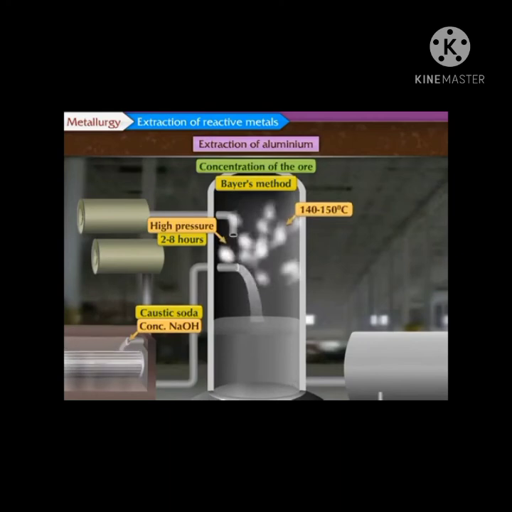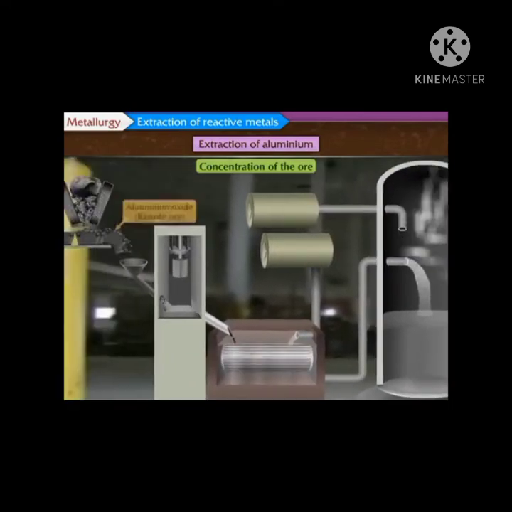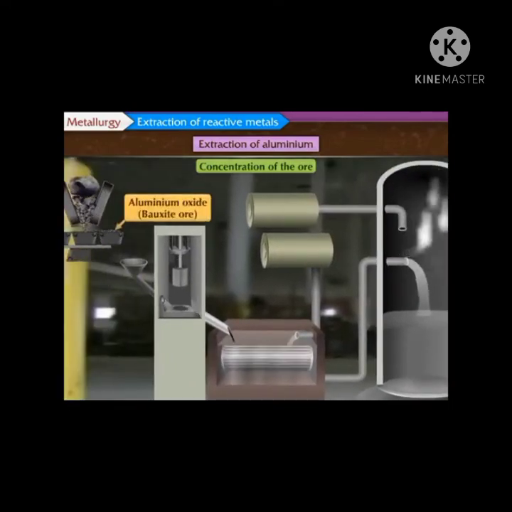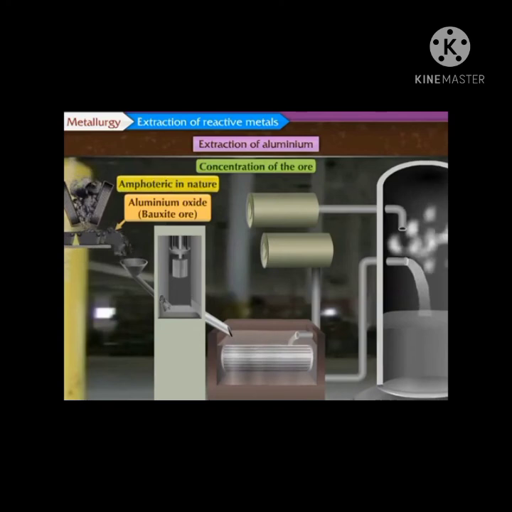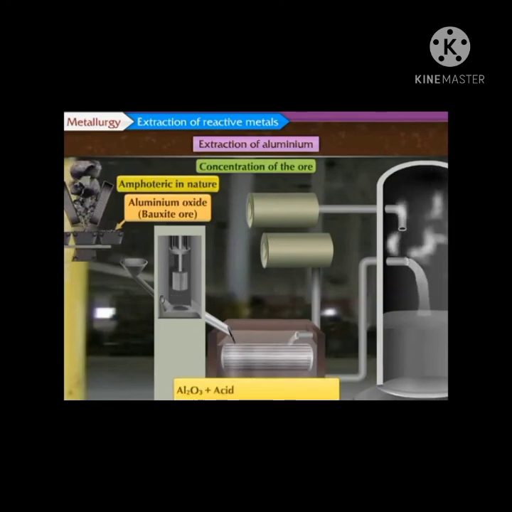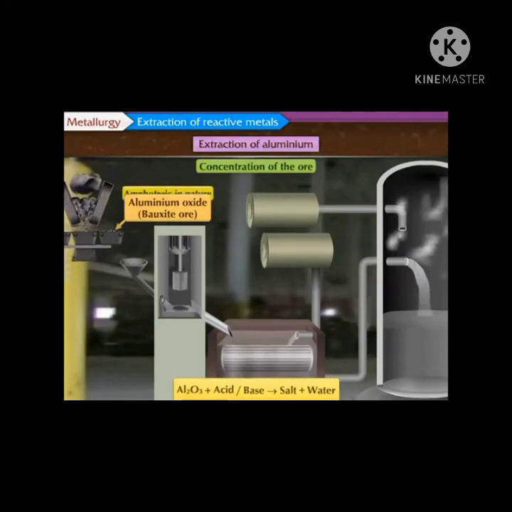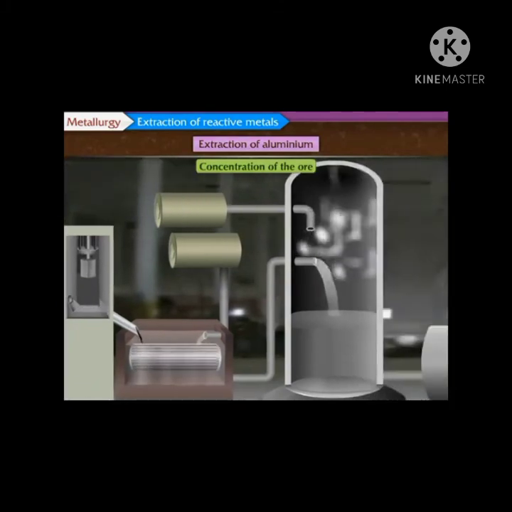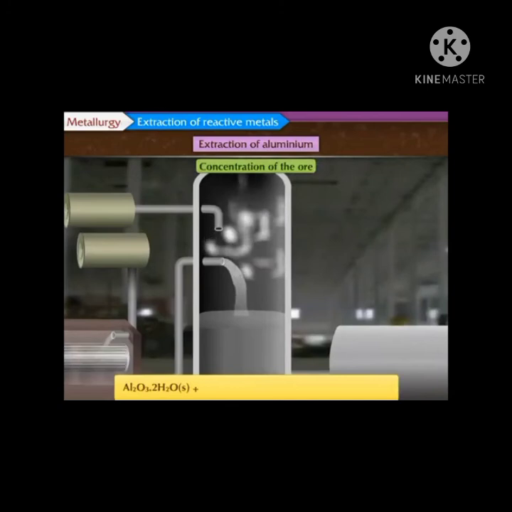Aluminium oxide of the bauxite ore is amphoteric in nature, that is, it can react with an acid as well as a base to form salt and water. It reacts with aqueous NaOH, sodium hydroxide, and dissolves in it to form water soluble sodium aluminate.